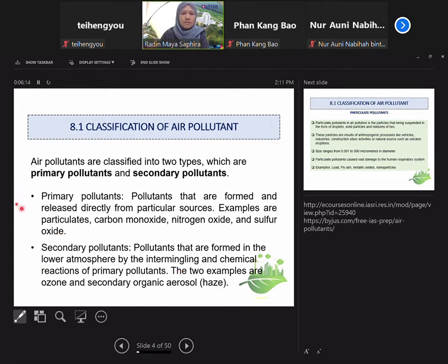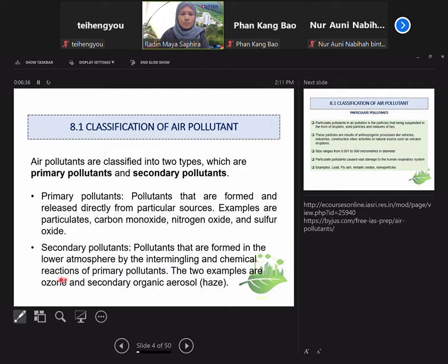Okay, then next is about the classification. Primary pollutants are made from the direct source. That means the first source that is emitted, for example certain emission. Secondary means they can convert into something from the primary pollutants.